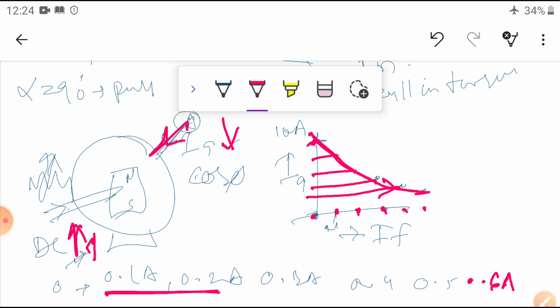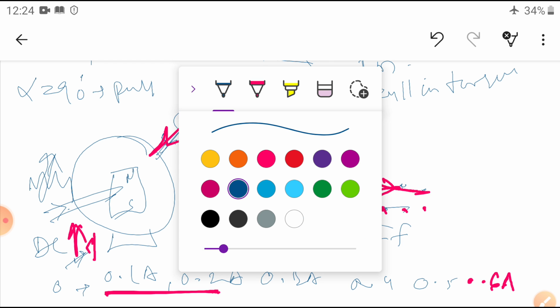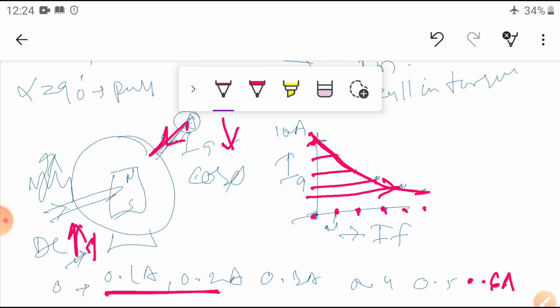Then what will happen? Here I can observe one thing: the current is now once again increasing.